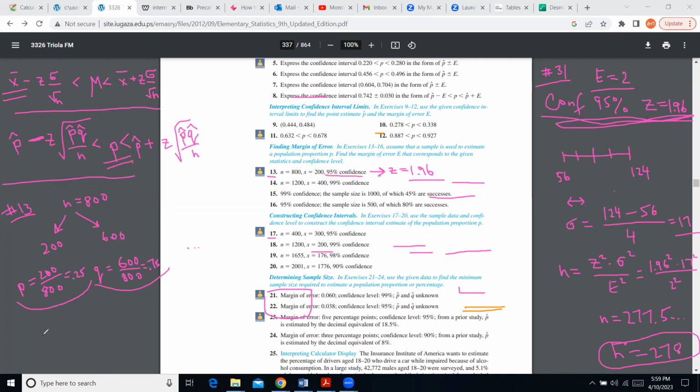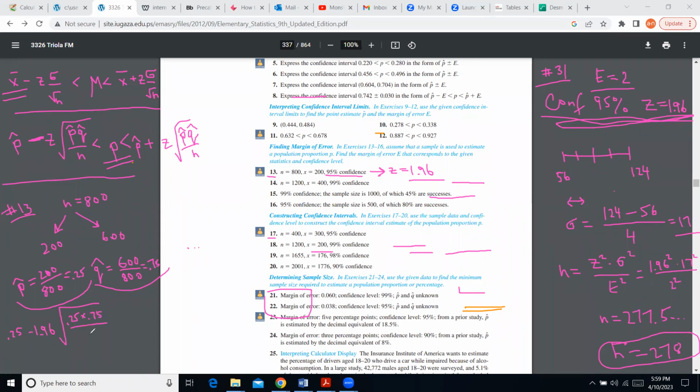So let me do this. I say it's a P hat and that's a Q hat, right? Because that's from the sample proportion, we estimate the entire population. So I go 1.96, and then I multiply this by a square root, 0.25 P, 0.75 Q, right?